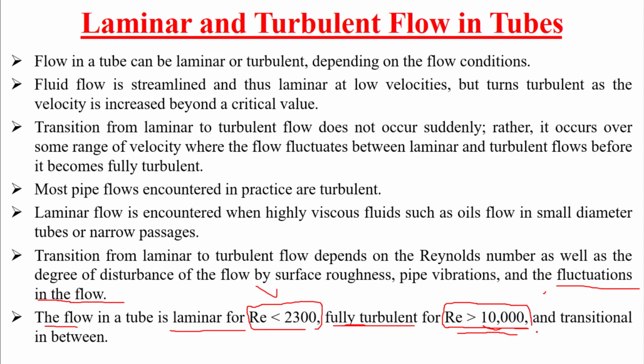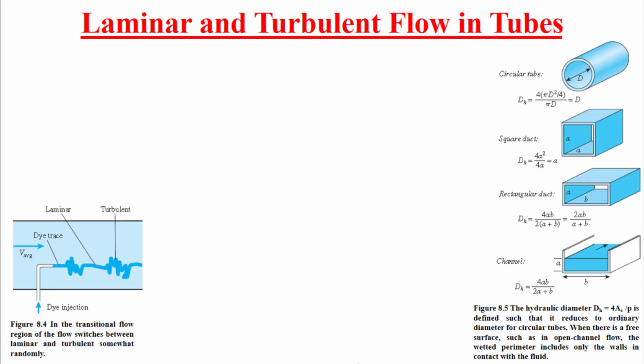And the transition in between, I'll tell you what the range of Reynolds number is for internal flow. So this range is special for this chapter. In the previous chapter on external flow we have another range for Reynolds number, but for internal flow we will adopt this one but will not adopt that one. I'll tell you in a while what the ranges are.